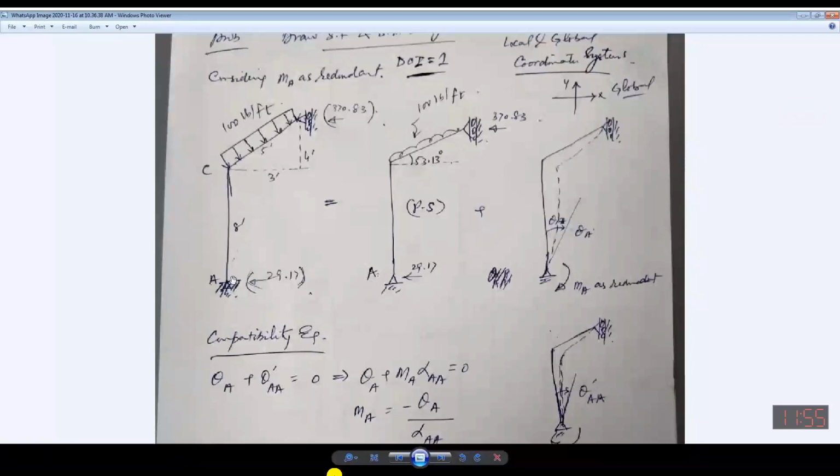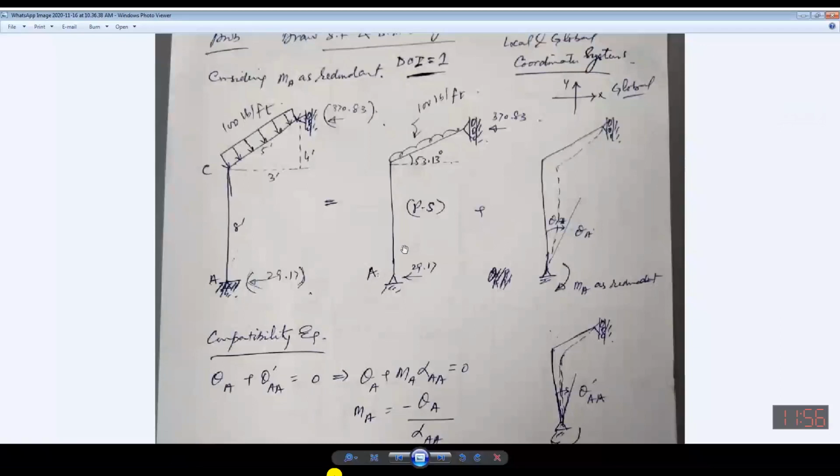If I take any other force, vertical or horizontal, as redundant, then there is no support available that would represent a moment and one force. That is not possible. So I will consider the moment as redundant, and the remaining horizontal and vertical forces will render this support into a hinge support.